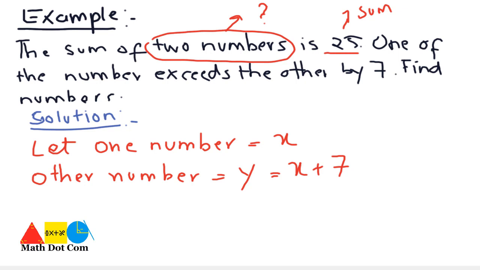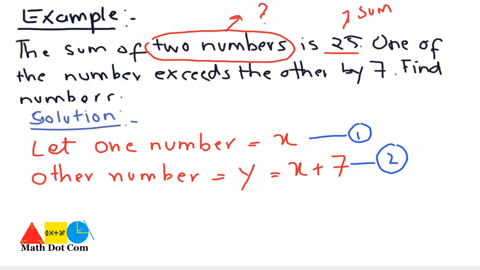It means we have to add 7 to x to form y, to form another number. So one number is x and the other is x plus 7. Okay, we will number them as 1 and 2. These are the two equations.